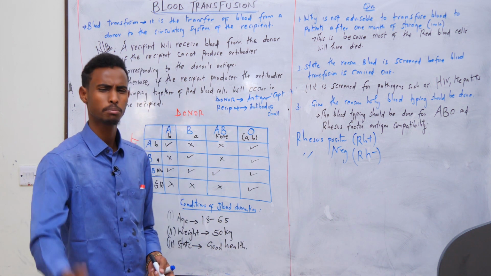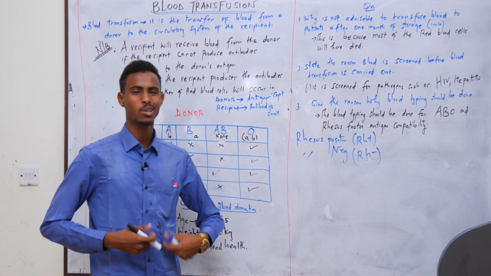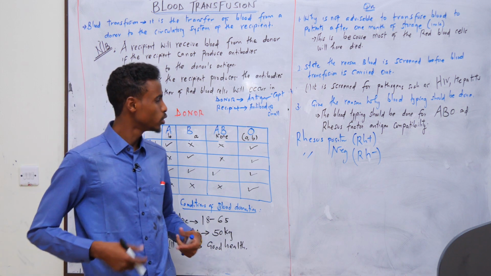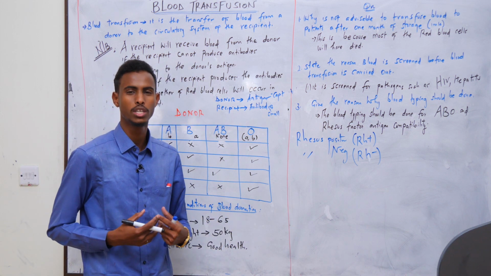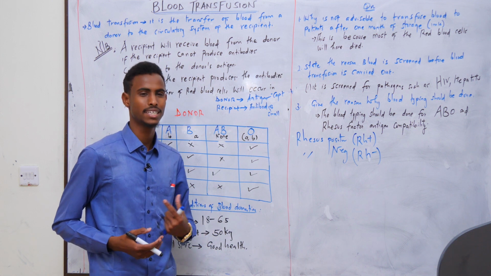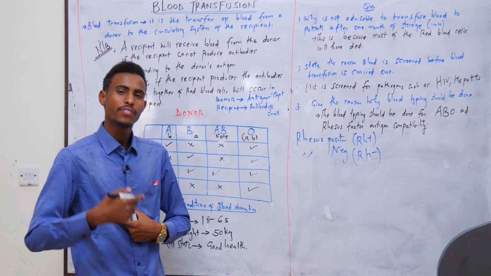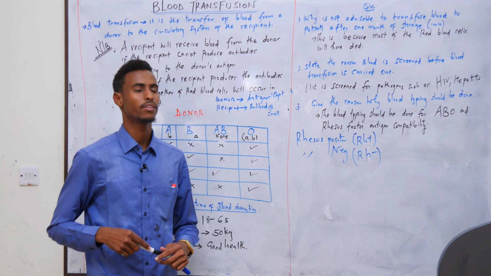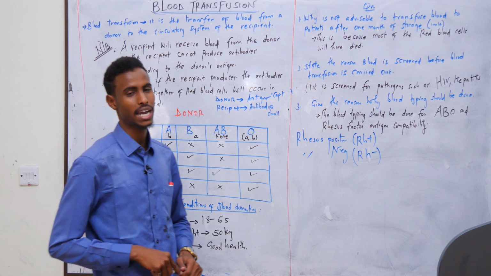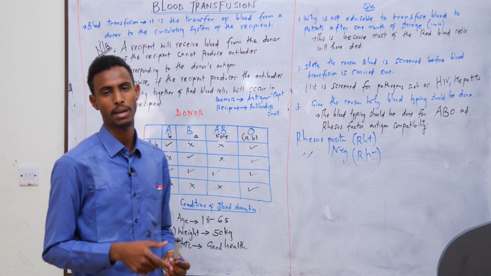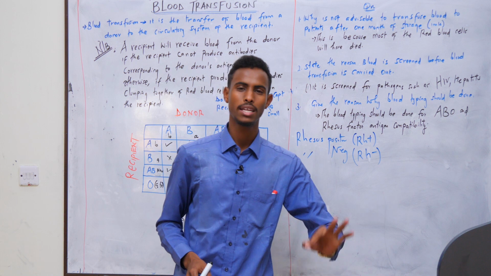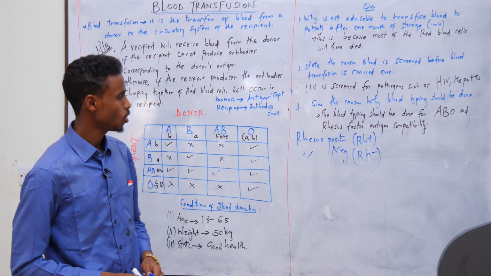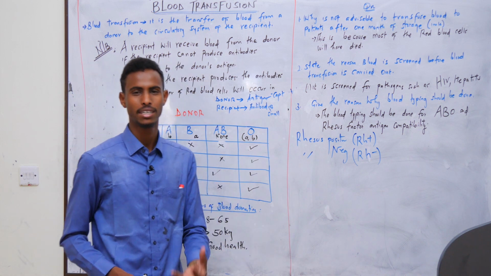But for the subsequent pregnancies, the mother's circulatory system has already recognized the foreign body, that is the rhesus antigen, and has produced antibodies against it. So in the next pregnancy, these antibodies will have an adverse effect once they cross the placenta into the fetal circulatory system, where they cause mass destruction of the fetal red blood cells.